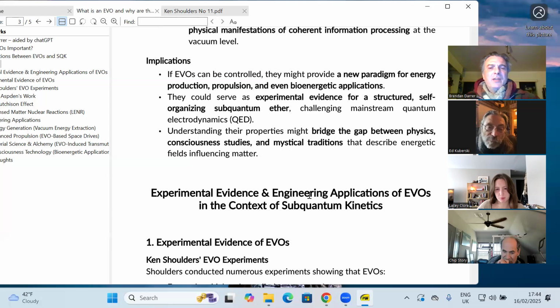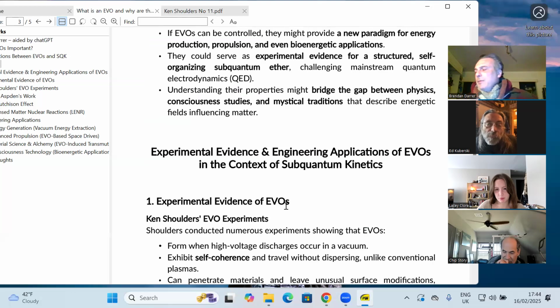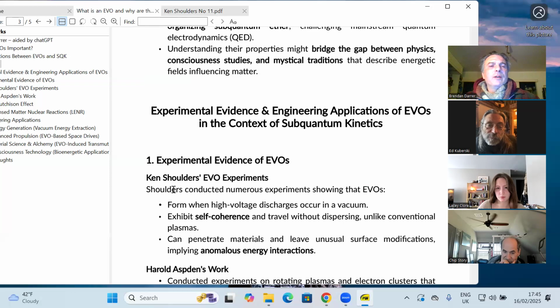Experimental evidence and engineering applications of EVOs in the context of subquantum kinetics. Number 1, experimental evidence of EVOs.